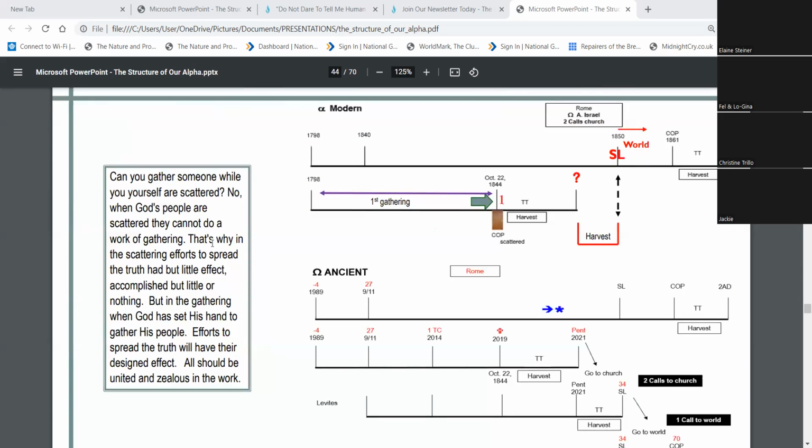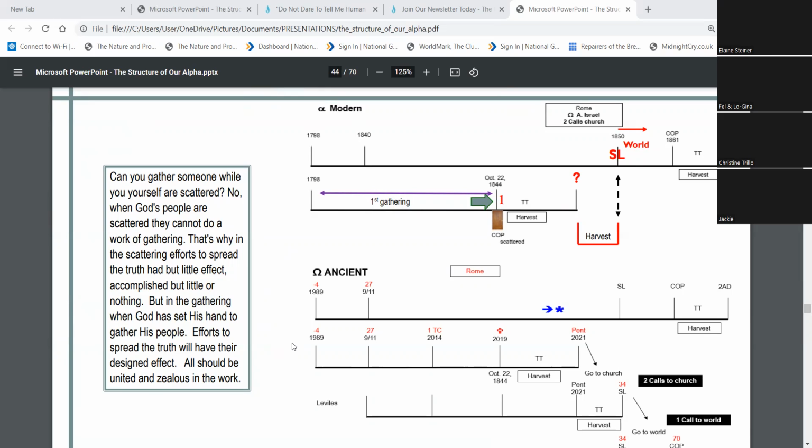Can you gather someone while you yourself are scattered? No. When God's people are scattered, they cannot do a work of gathering. That's why in the scattering efforts to spread the truth had but little effect, accomplished but little or nothing.